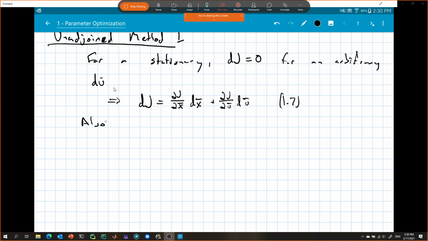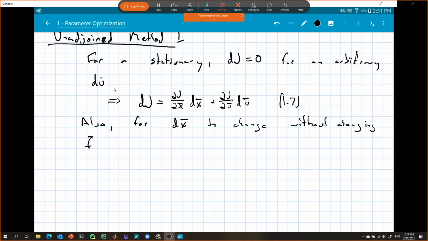Also, for dx to change without changing f. So the idea is that f is always equal to 0. Arbitrarily, if you change x, you're going to change f.